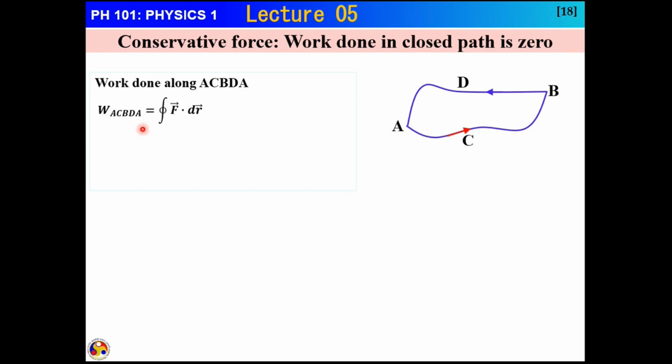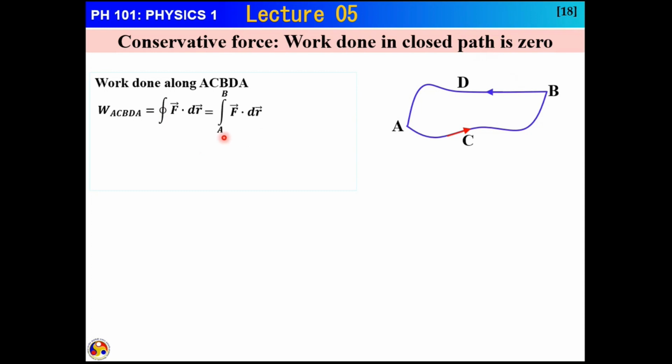Well, the work done going from A to B through a path C, so I'm going A, C, B, and then coming back with the B, D, A path. So the total work done will be 0. Here closed means a closed path. It is not necessarily a circle, it can be any path, but the path should be closed.